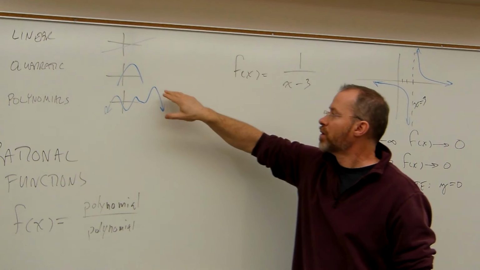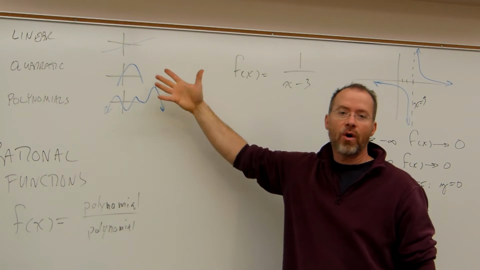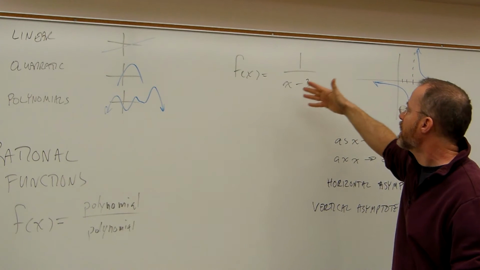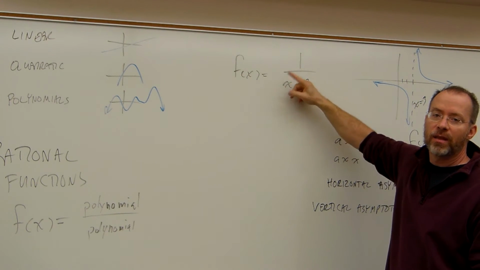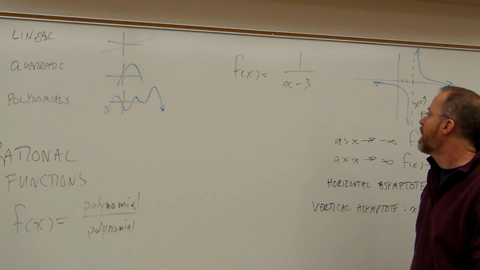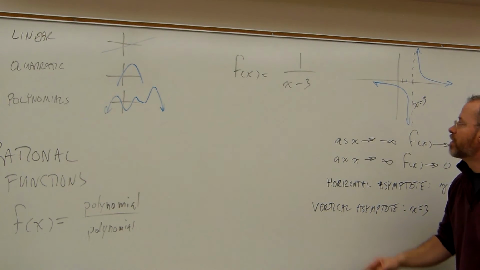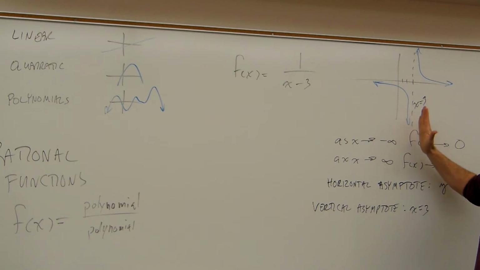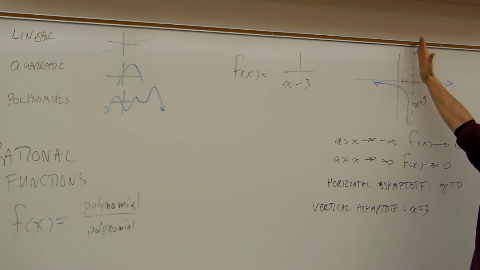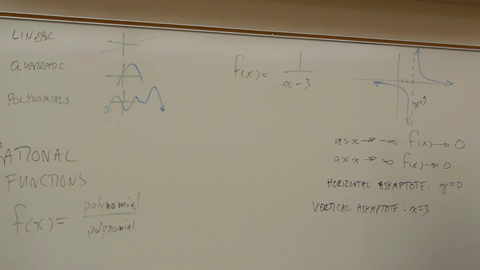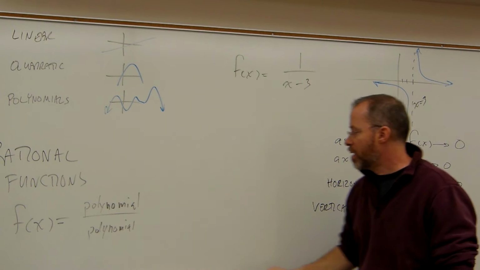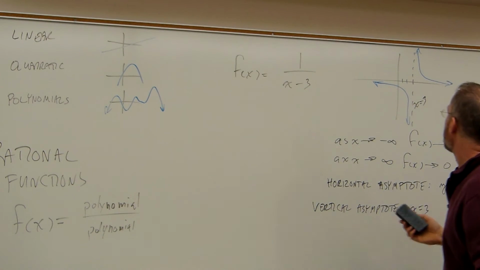Whereas the polynomials and the linears and the quadratics have all real numbers for their domains. Here, all real numbers except 3, except anything that would cause me to divide by 0. And that also tends to show you where the vertical asymptote or asymptotes will be if I get more than one factor in the denominator. So it gets rather complicated with these kinds of features.